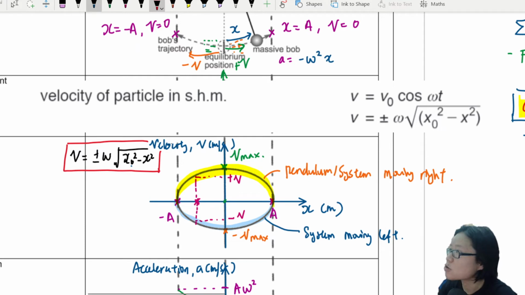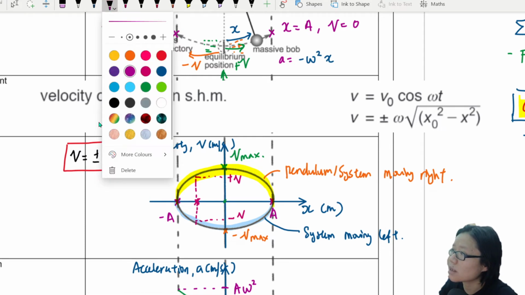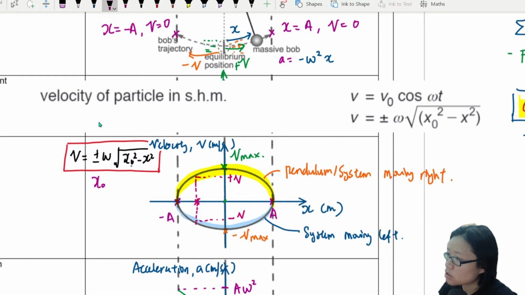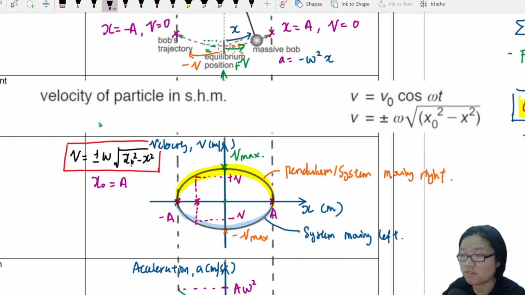All right, so at this point here, it's just good to remind ourselves that x naught also happens to be equal to A. Another thing about Vmax. Vmax happens when x is 0. Okay, so I'm going to substitute what happens when x is equal to 0.